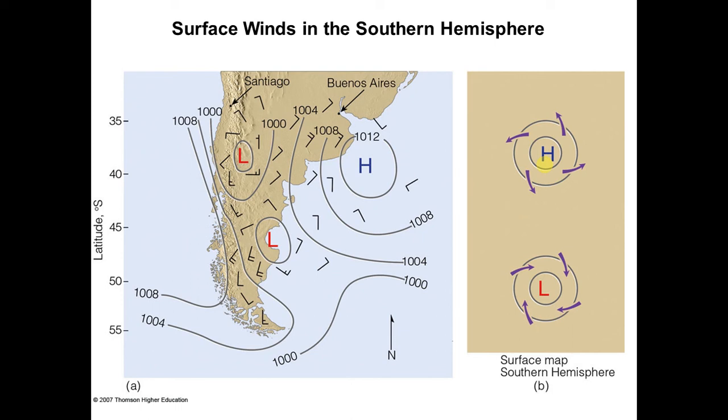So here's a December day in South America, right? Here's Chile, Santiago, here's Buenos Aires, Argentina. And you see lows, here's a couple lows. Look how the winds are blowing. They're crossing the isobars, blowing toward the center of the low, but they're blowing clockwise and inward. And around the high, they're blowing outward, but counterclockwise and outward.